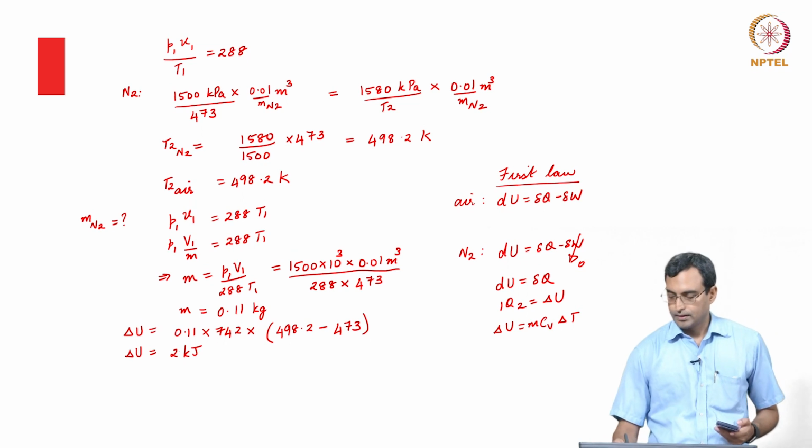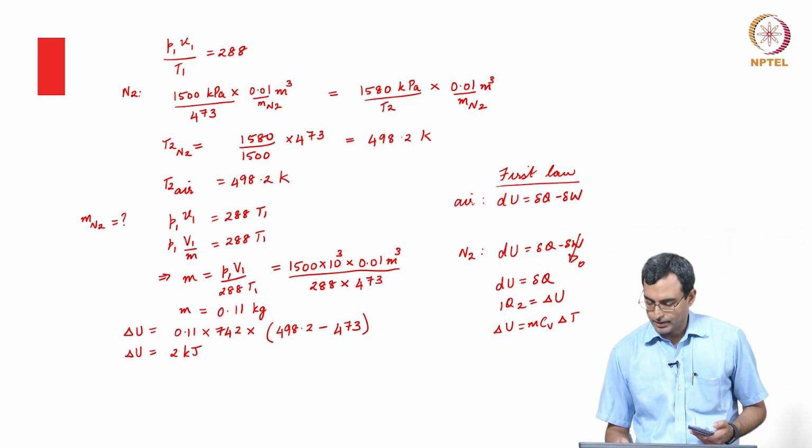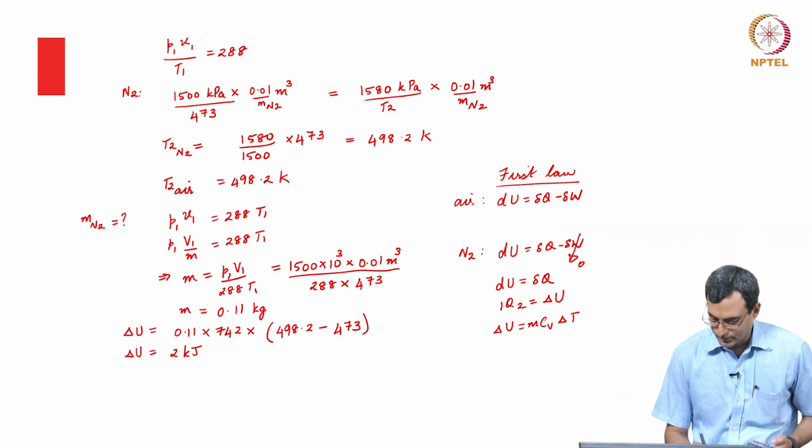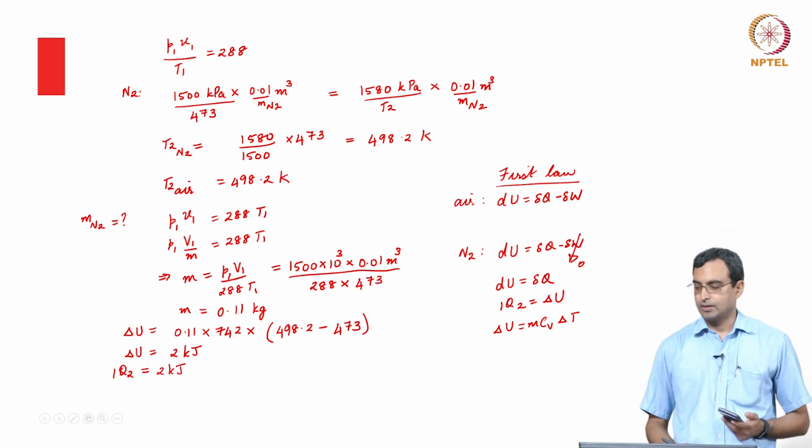So, what we see is that the delta U for the nitrogen is 2 kilojoule, but for the nitrogen 1Q2 is also equal to this. So, 1Q2 is 2 kilojoules. So, we have found out that portion.